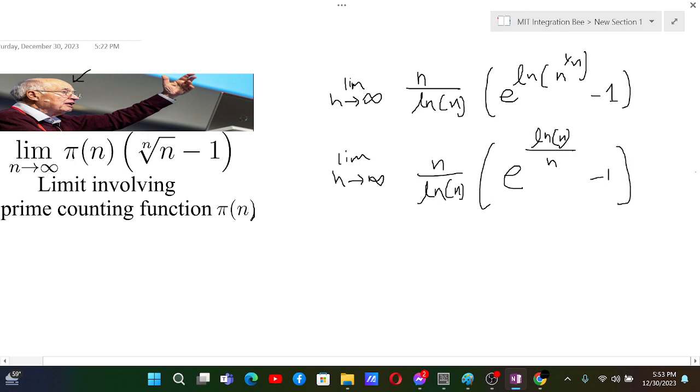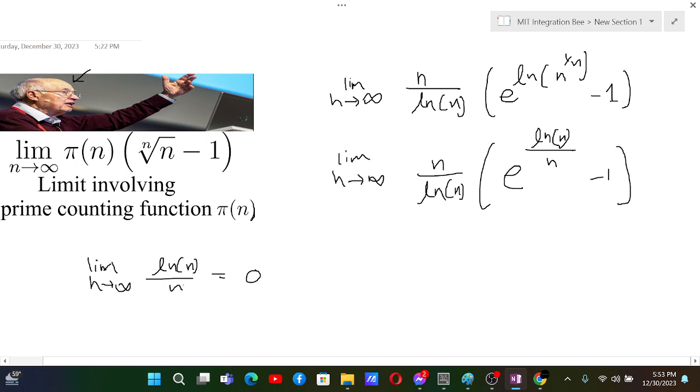Now at infinity, ln n by n will go to 0. You need to know that fact, because n grows a lot faster than the logarithm function. Ln n by n will go to 0 because n grows faster than ln n. Logarithm grows slower than normal polynomial functions.